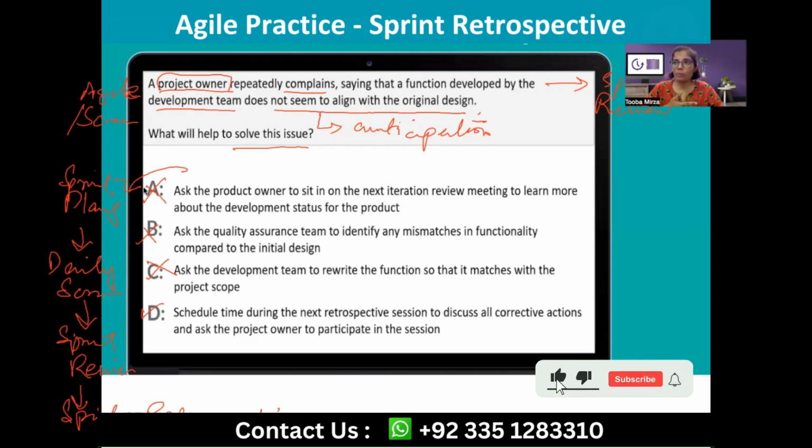And once the sprint backlog is crafted, the team works on it on a daily basis, meets in the daily scrum, and does a quick check on whether they are on track or not, right?